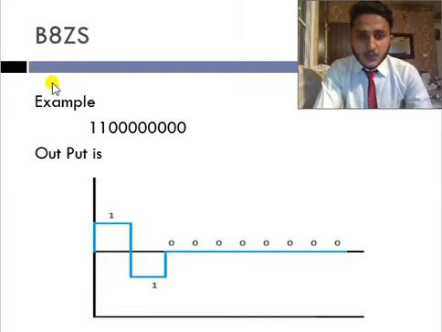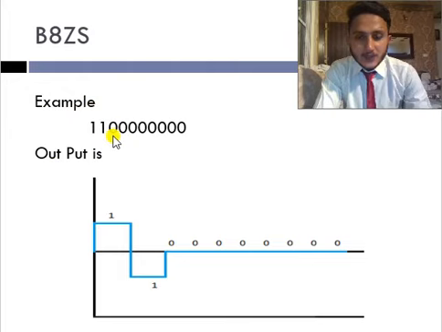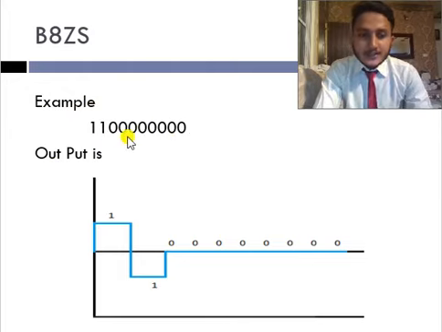Here is an example for bipolar 8-zero substitution, and in this example, as we see, we have 8 consecutive zeros, and this is our data sequence.